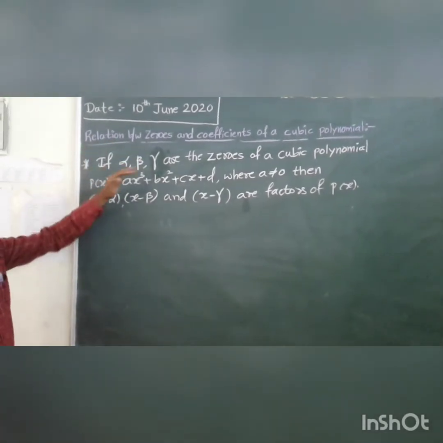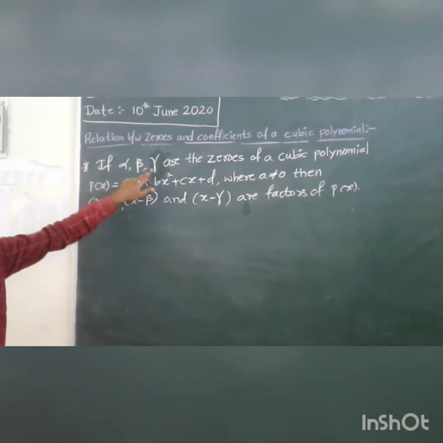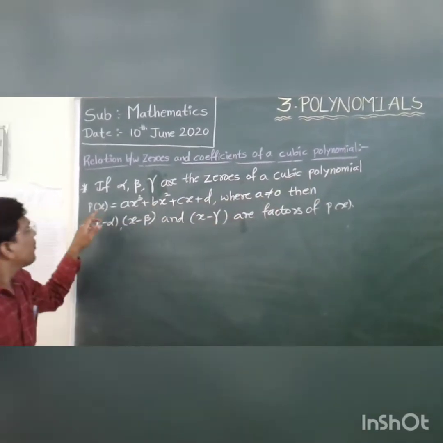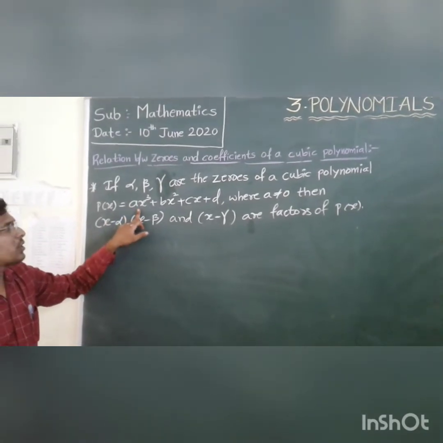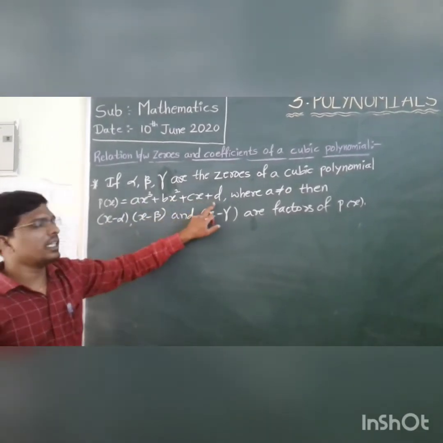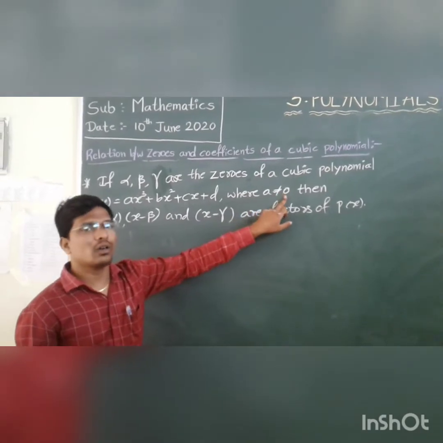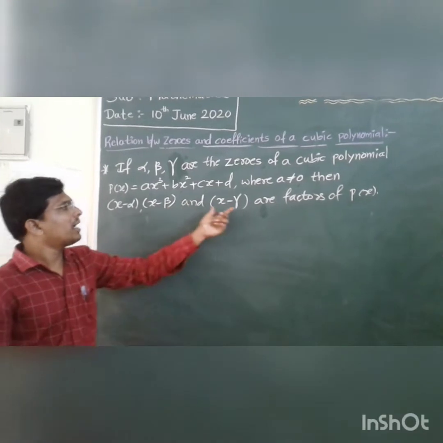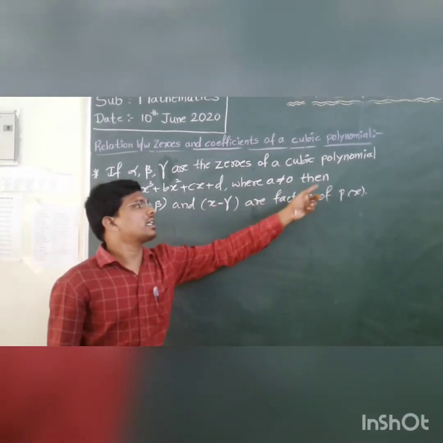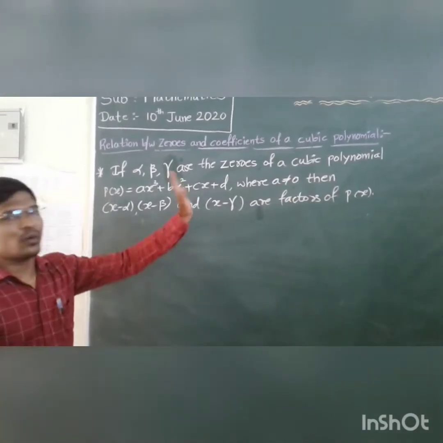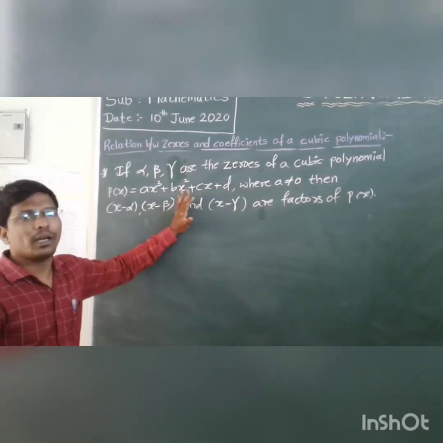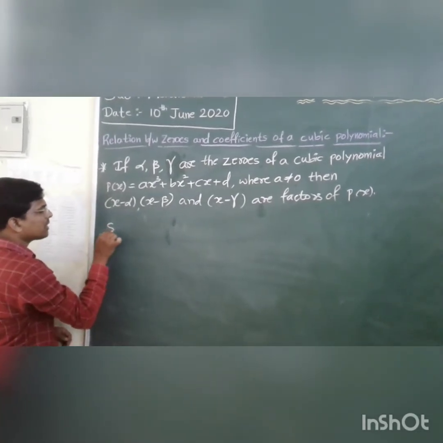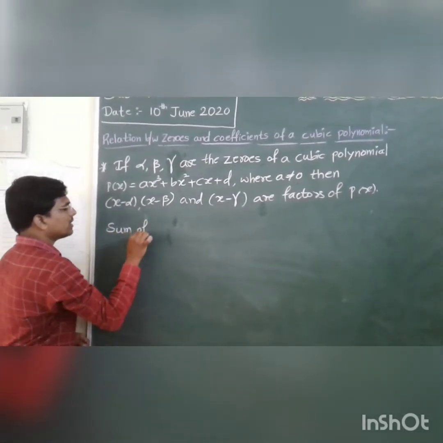So this is a statement: if alpha, beta, gamma are the zeros of a cubic polynomial P of x equal to ax cube plus bx square plus cx plus d, where a is not equal to 0, then x minus alpha, x minus beta and x minus gamma are factors of P of x. In the same way as for the quadratic polynomial, this statement also belongs to the factor theorem. Next, we have discussed the sum of its zeros.